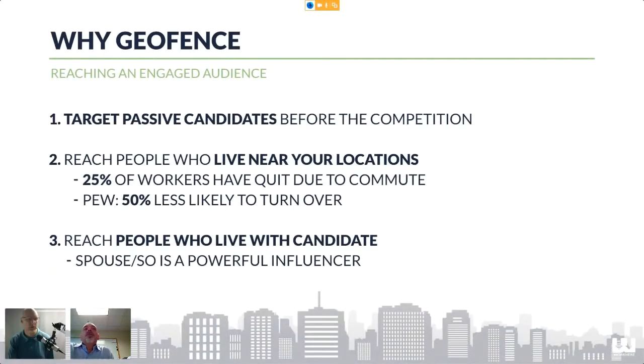Probably the most important reason, though, is we can target passive candidates before the competition gets there. I think that's something, Chris, that really is important about geofencing. This is a strategy that really works well to get passive candidates when they're at work, and that's really the big thing for WorkHere.